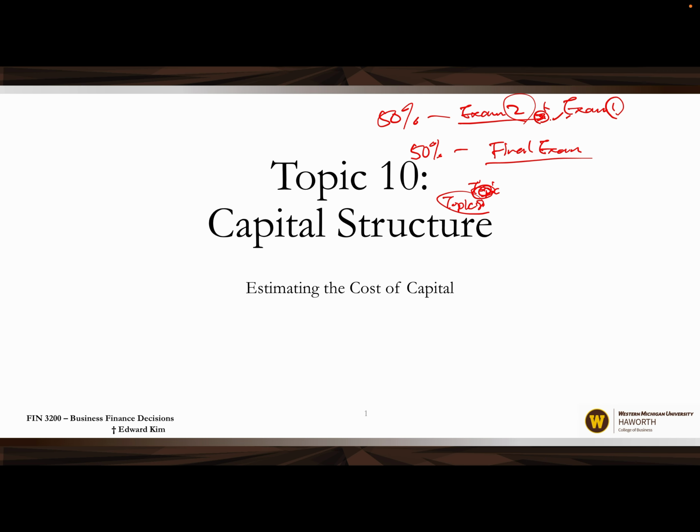So I don't want to cover too much to overwhelm you guys. If you didn't do well in the past, make sure you review the material from exam 2. I don't want to throw a lot of new material at you at this point in the course. So we'll talk about capital structure, and I'll show you what to study.